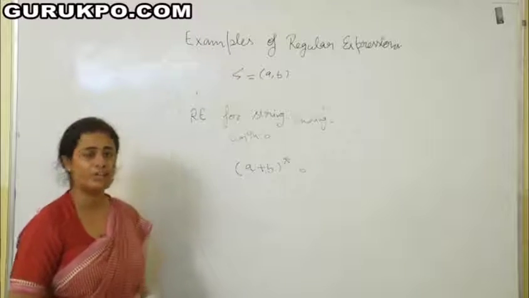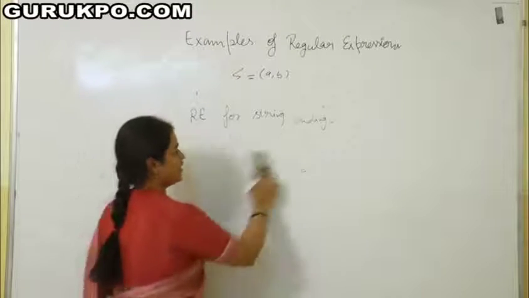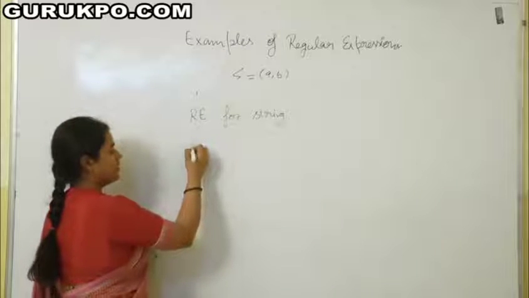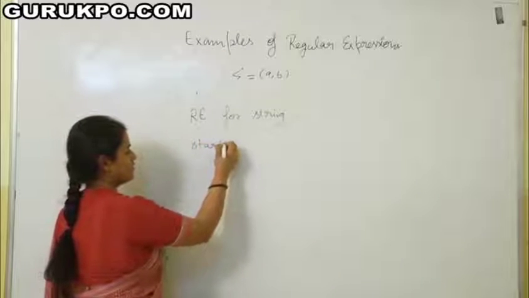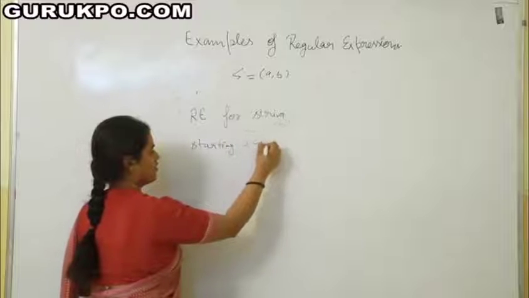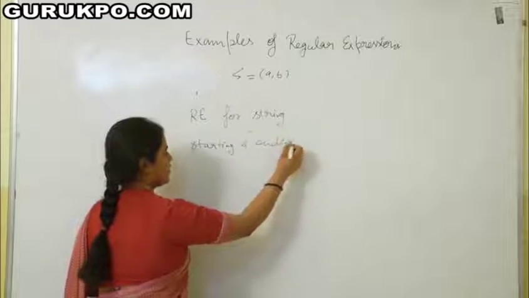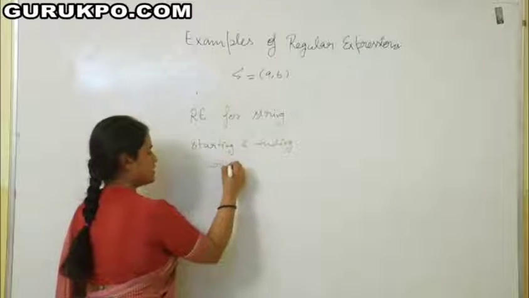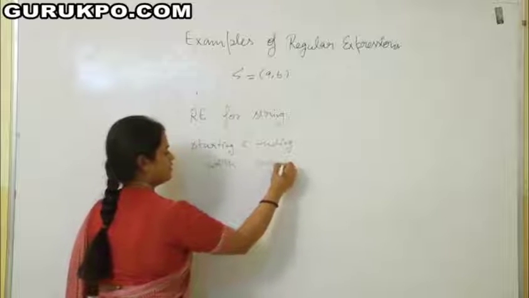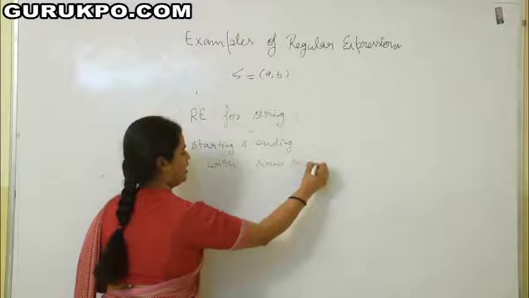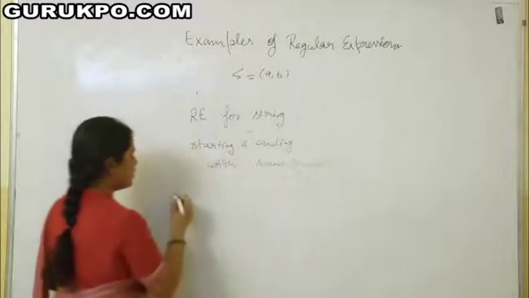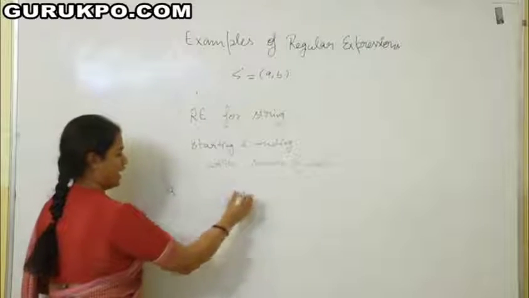Suppose you have to write down the regular expression for a string starting and ending with the same symbol. What do you have to write down?